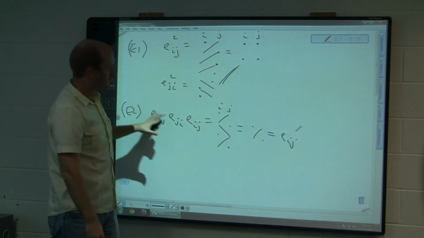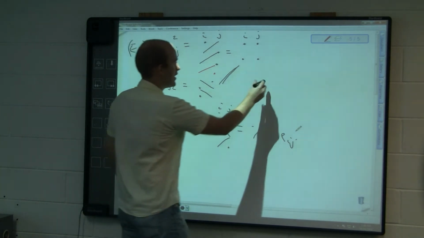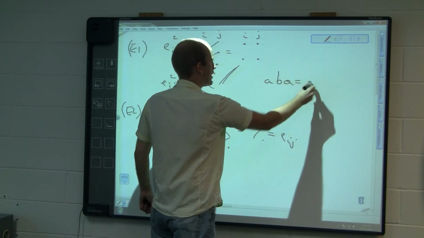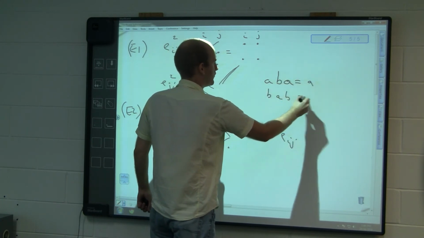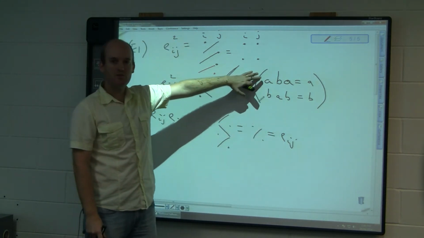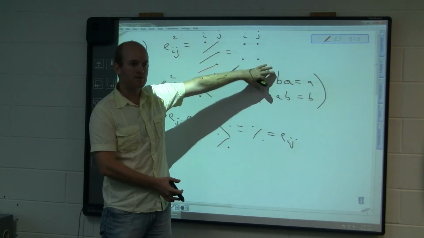Okay? And this is sort of what it means to say that something is a semigroup inverse. Basically, A and B are semigroup inverses if A equals ABA and B equals BAB. And to say that a semigroup is an inverse semigroup is to say that every single element has exactly one inverse in this sense. Right?